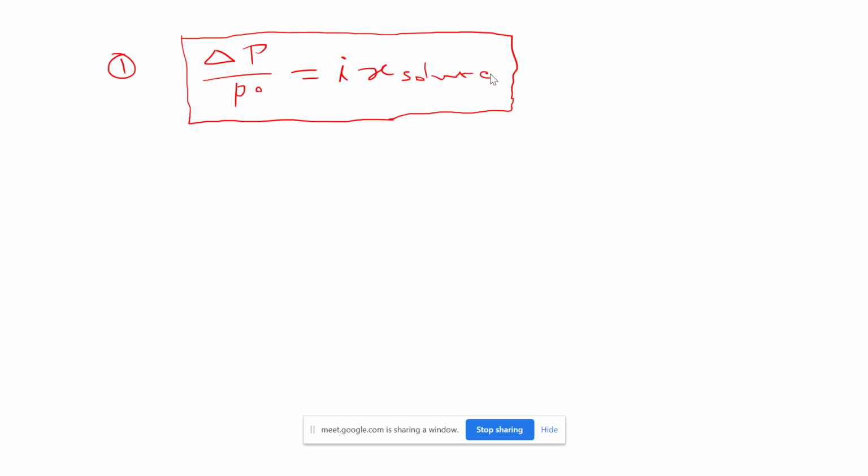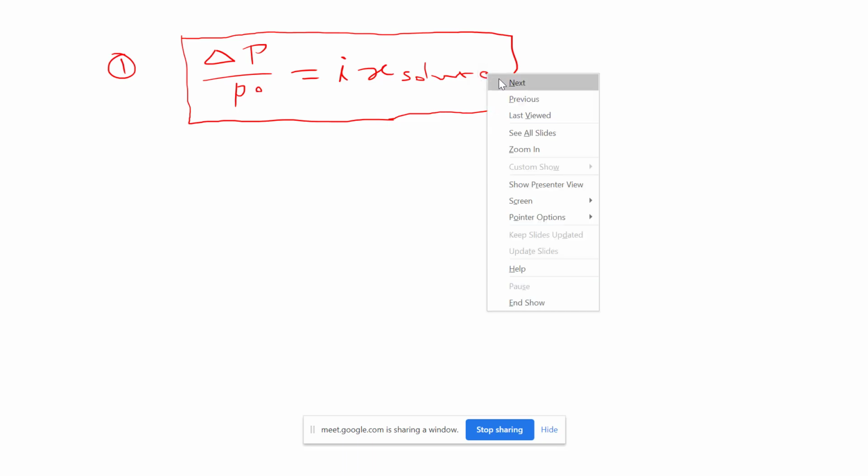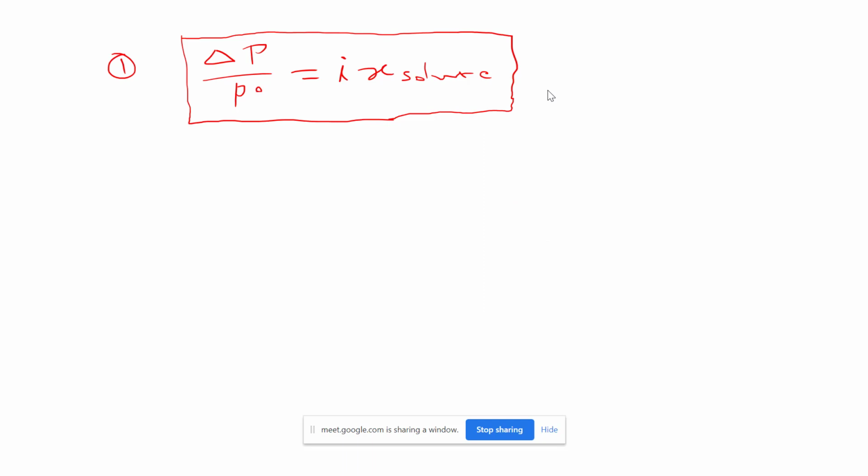And one more thing here: X solute is what? Moles of solute upon total moles. So do remember, we have to write i with the number of moles of solute at both sides, numerator as well as denominator. So on putting the value of X solute, we get moles of solute upon moles of solute plus solvent. i should be multiplied with both small n here, numerator as well as denominator.